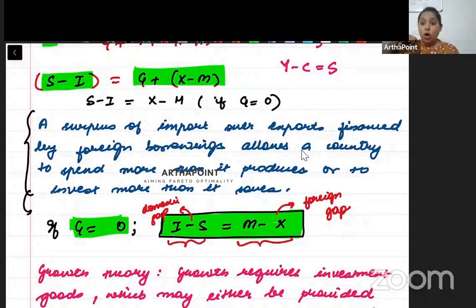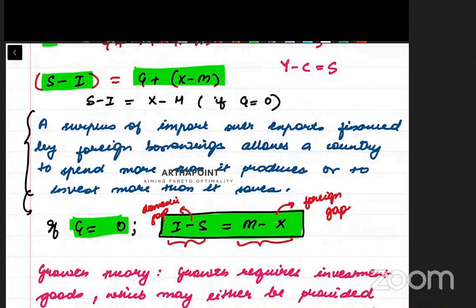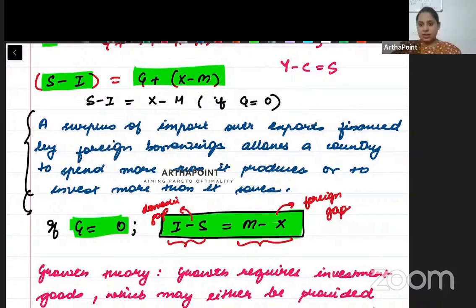And we are saying that foreign gap is equal to domestic gap. This is my equation that I am talking about. ये equation एक पहली equation हो गई जो इसके बारे में हम बात कर रहे हैं.